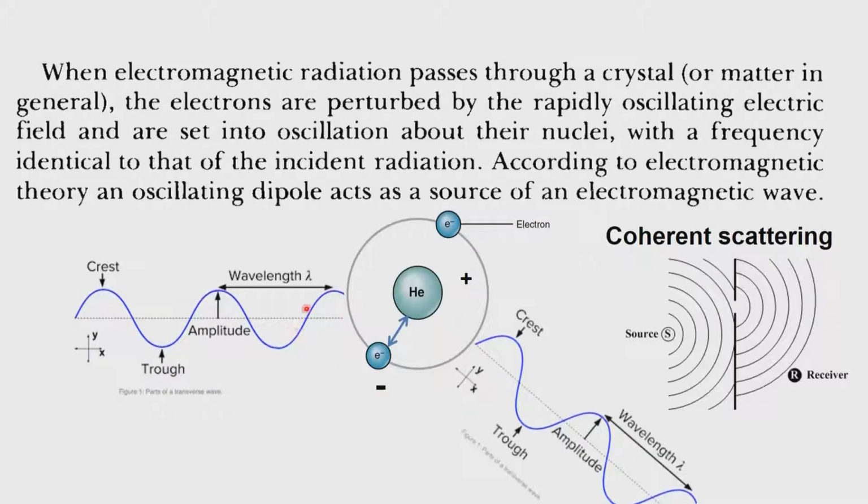So, when this wave comes and disturbs this atom, as we see here, it generates a rapidly oscillating electric field, because the wave which is coming in can be described in terms of an electric field, which is E naught cosine 2 pi nu t, taking only the real part, or E naught e to the power of i 2 pi nu t, which takes into account the complex nature of a wave.